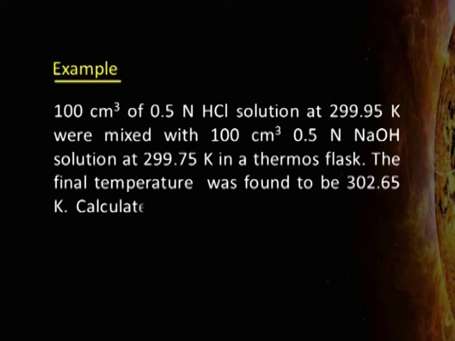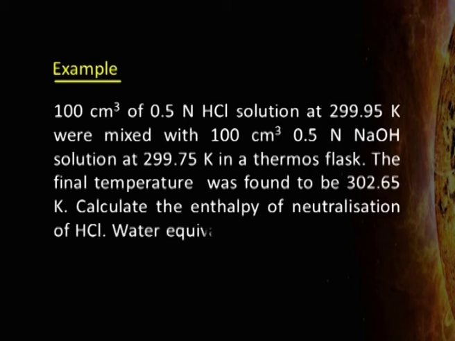The final temperature was found to be 302.65 Kelvin. Calculate the enthalpy of neutralization of HCl. The water equivalent of the thermos flask is 44 grams. In this problem, the initial temperatures of acid and base are not equal.